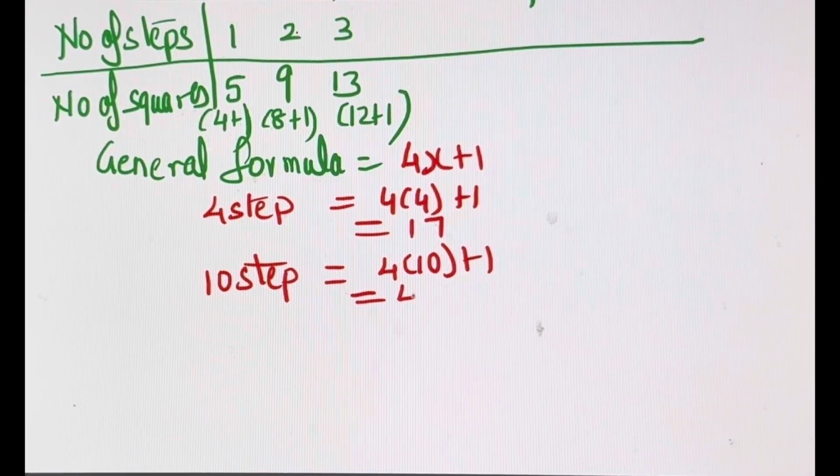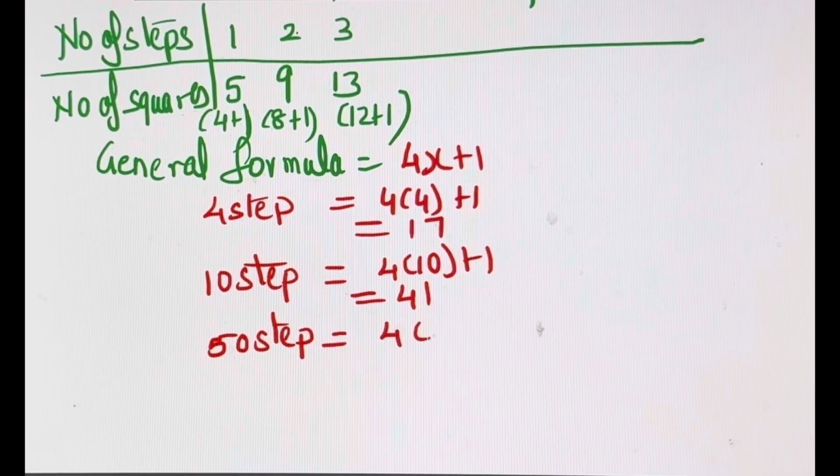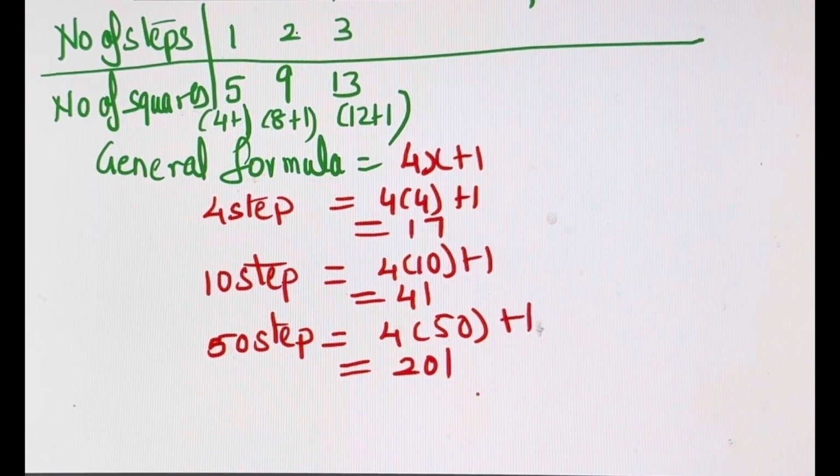So 40 plus 1 is 41. So 41 squares will be there. Once you form the formula, isn't it so easy? 50 steps. 50 steps is 4 into 50 plus 1. So 201. 4 5s are 20. 200 plus 1, so 201.